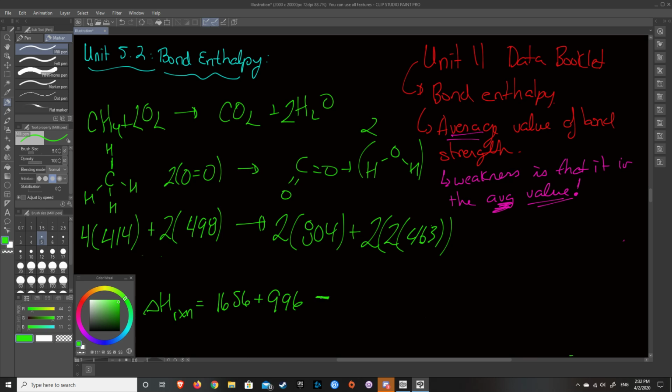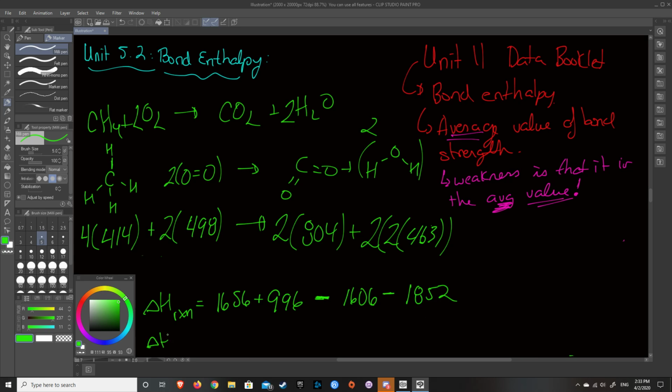And then we're going to release energy over here, so minus 2 times 804, which is 1608, minus 2 times 463 times 2, so minus 1852.